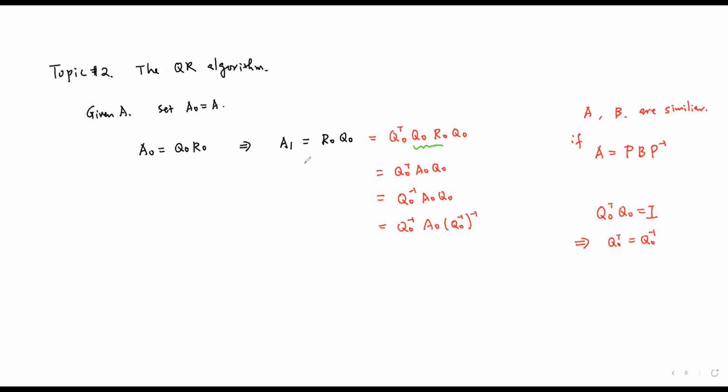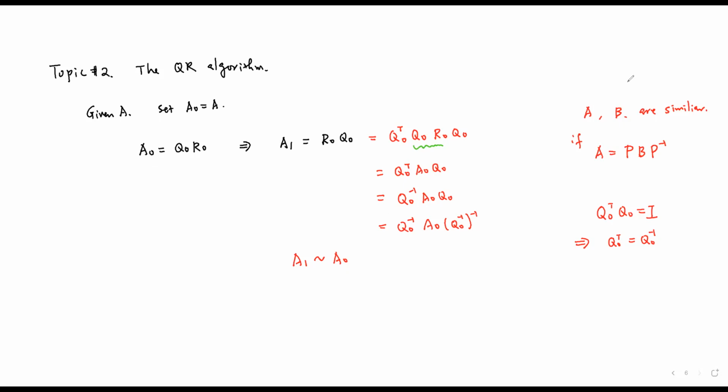So therefore, matrices A1 and A0 are similar. A1 and A0 have exactly the same eigenvalues.